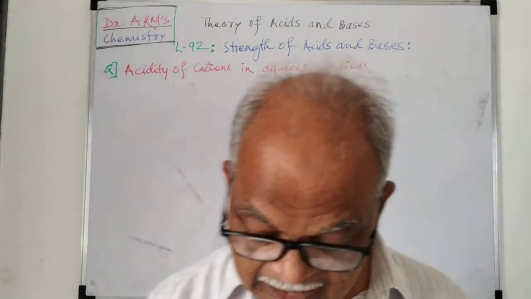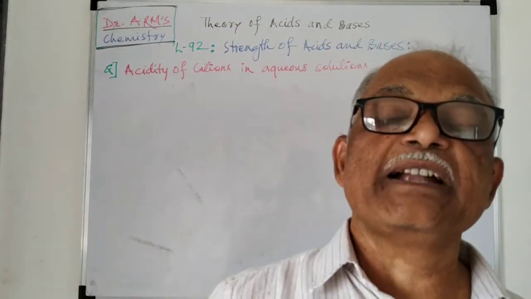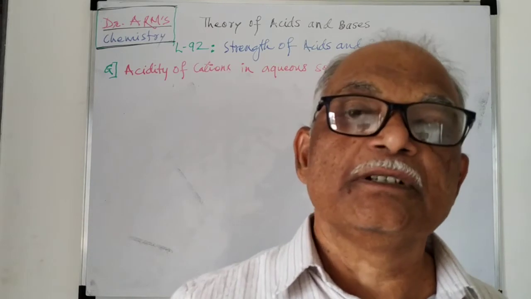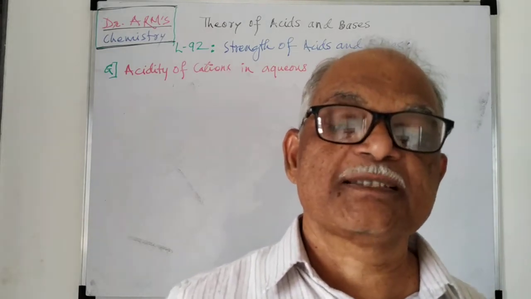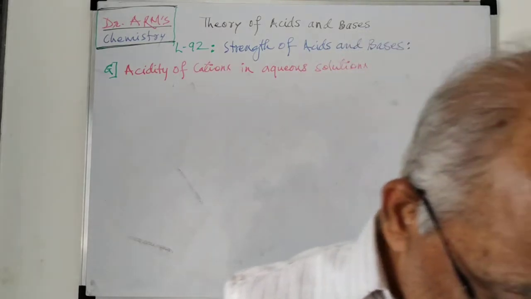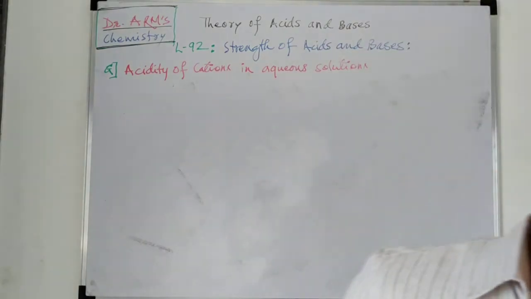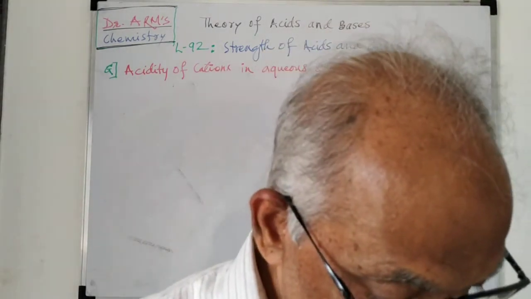if we see the highly charged metal cations, then we find that they have oxidation states +7, +6, +5 or +4, etc. And they show their behavior like this.